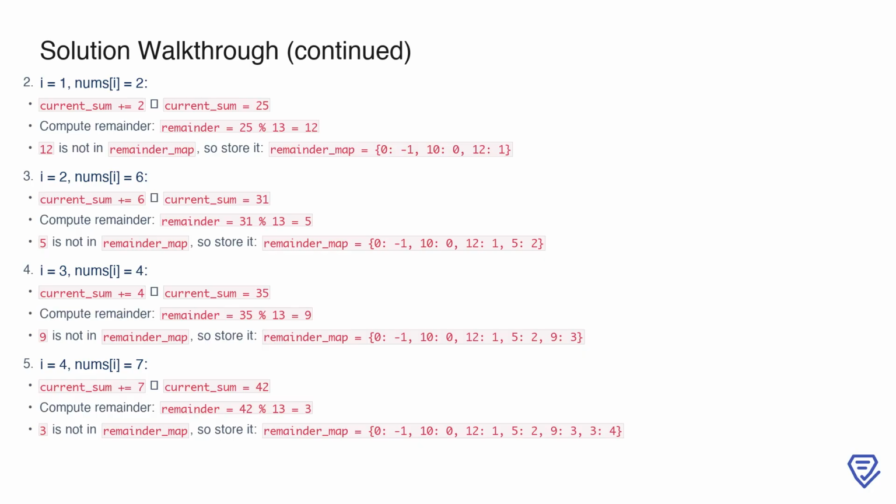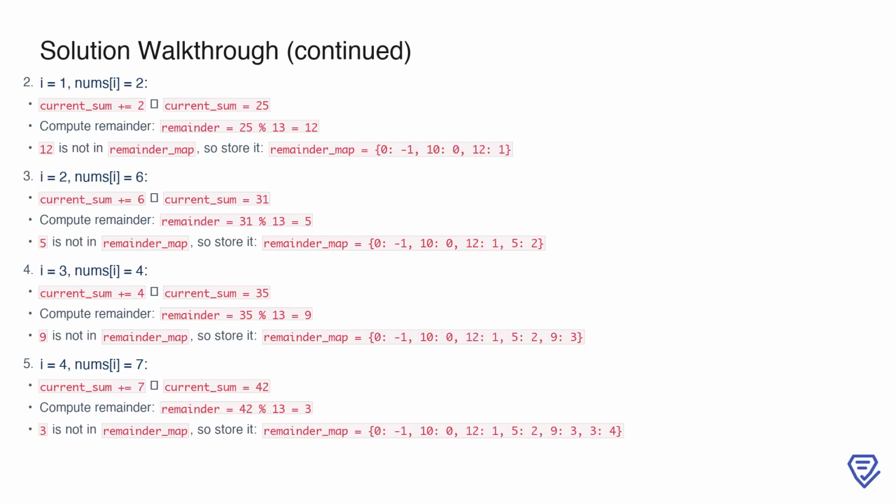Next, for the third element, 6, the cumulative sum becomes 31. The remainder of 31 divided by 13 is 5, which is also stored in the dictionary with the index 2. For the fourth element, 4, the cumulative sum updates to 35, and the remainder of 35 modulo 13 is 9. This is a new remainder, so we add it to remainder_map with the index 3.